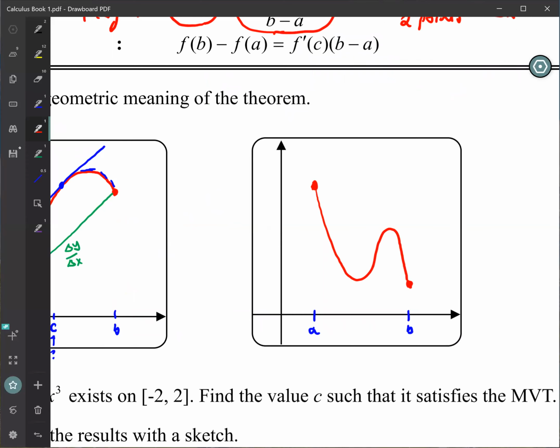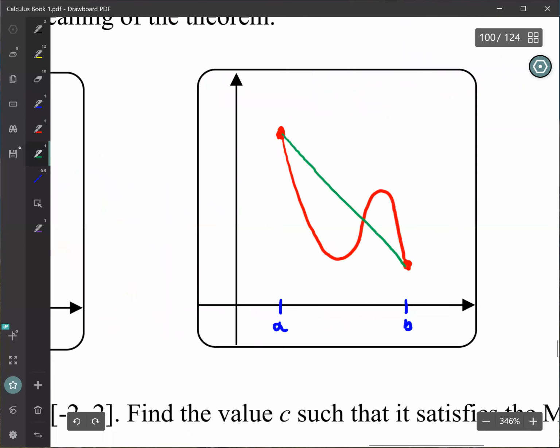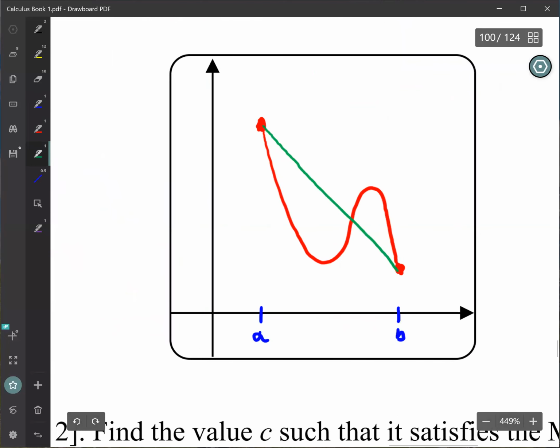Then the average slope, or mean value slope, will be this one. So where could the tangent line be that has the same slope? Can I have someone else draw it out? Any other volunteers? Where do you think the tangent line will be?